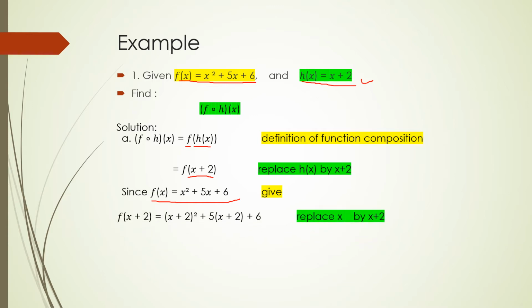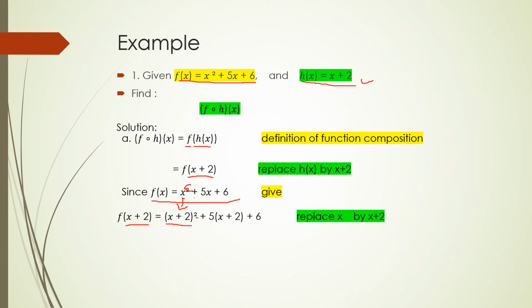Since we're going to use function h, which is x plus 2, we now substitute the value of x here with x plus 2. We replace this x with x plus 2, and we have exponent 2 here.